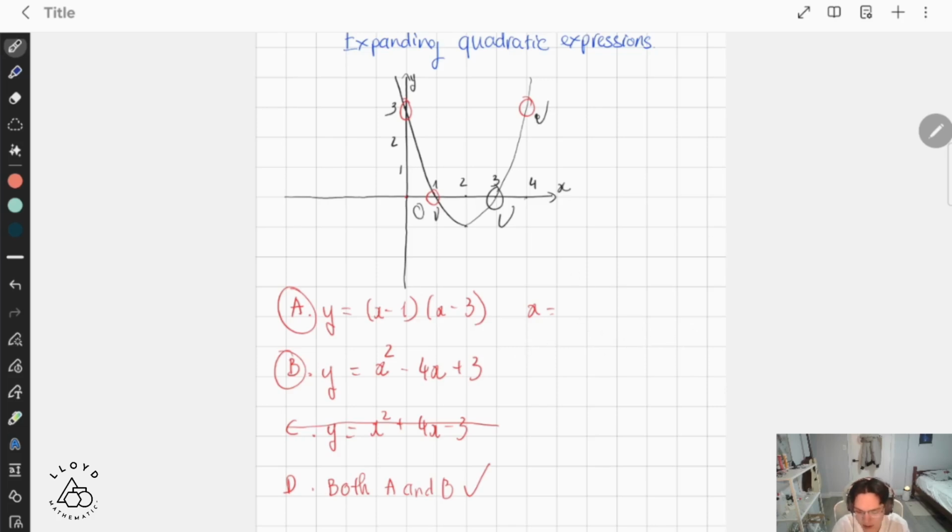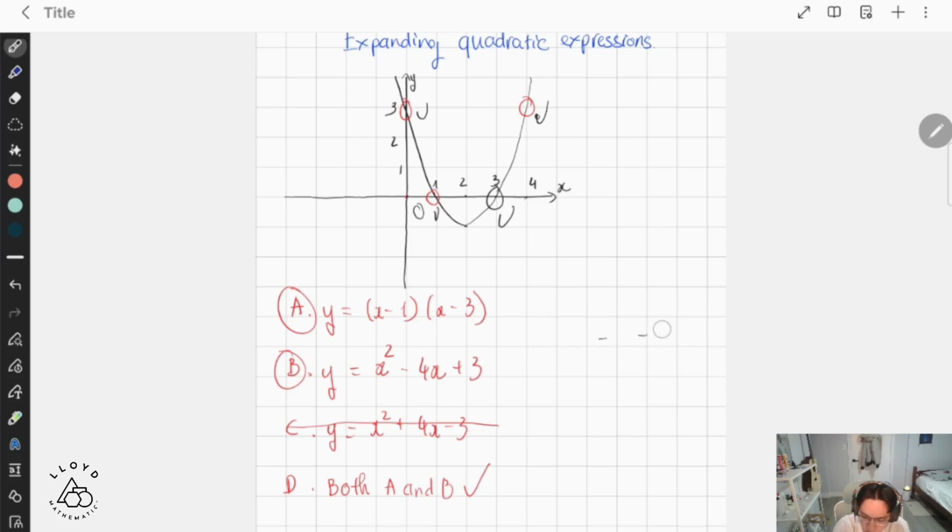How about x equal to 0? y needs to be 3, right? So y here is 0 squared, which is 0, and 4x is 4 times 0, which is also 0, plus 3. This is also 3, so this point is also verified.